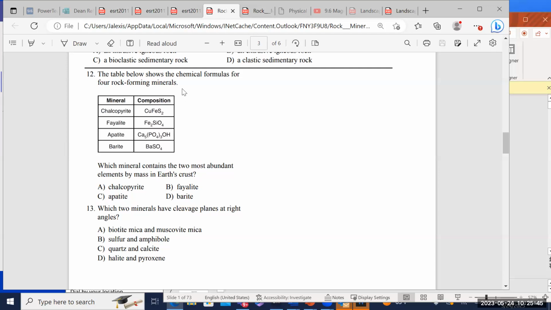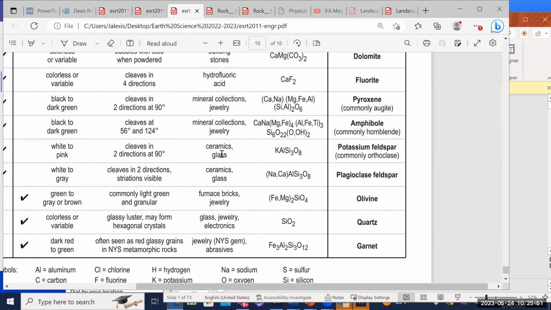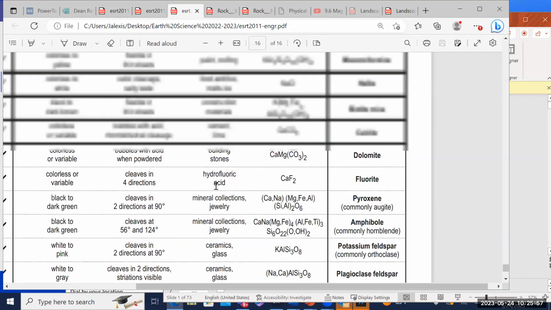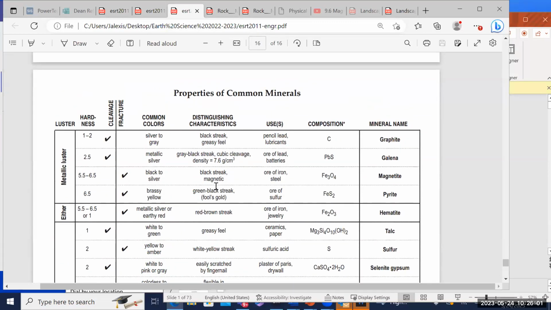I'm going to go to page 16. All right, cleavage planes at right angles. I'm going to go to distinguishing characteristics, that's where it's going to tell me how the minerals have cleavage.